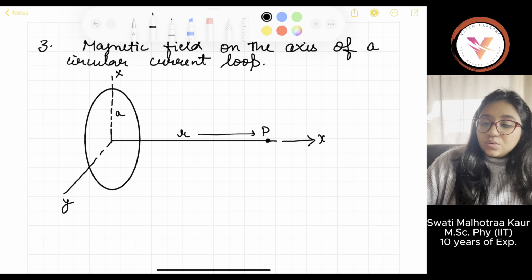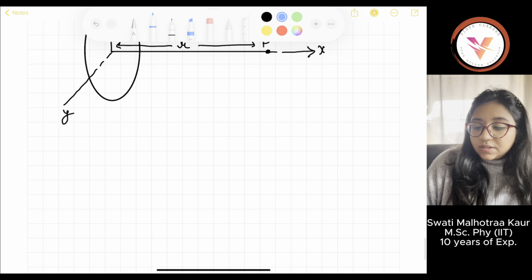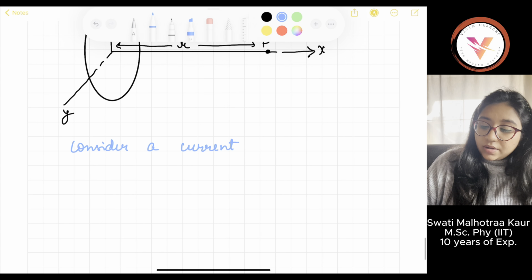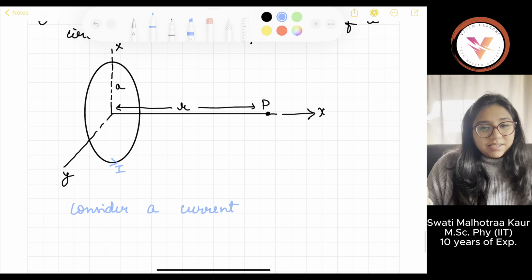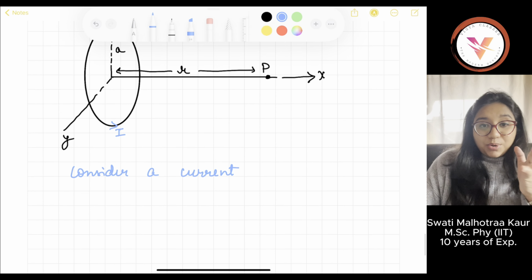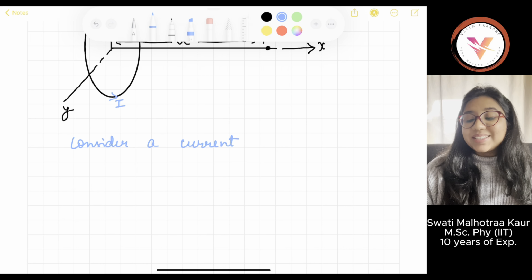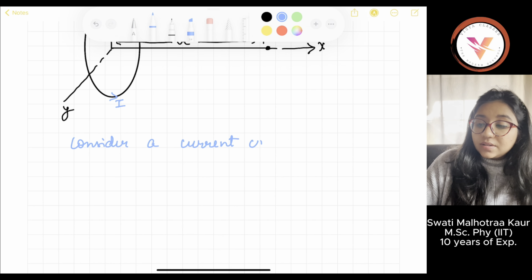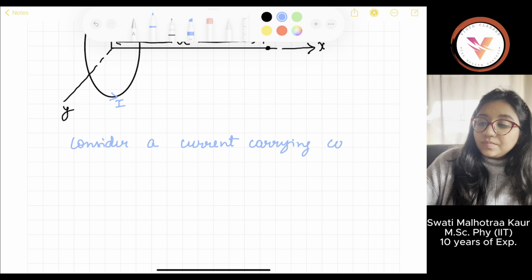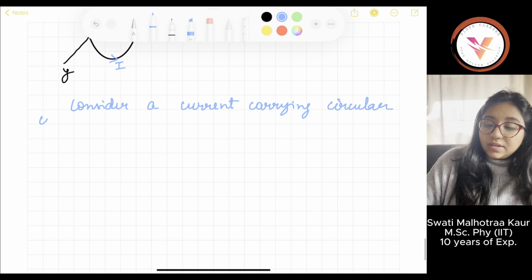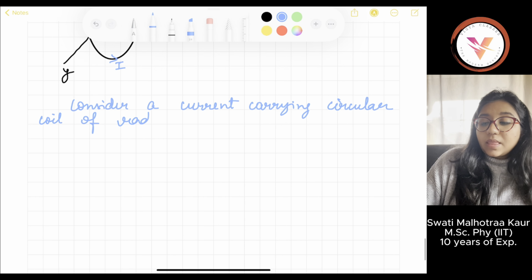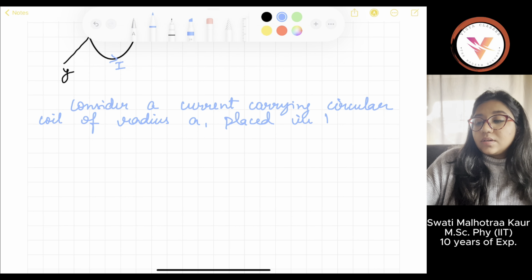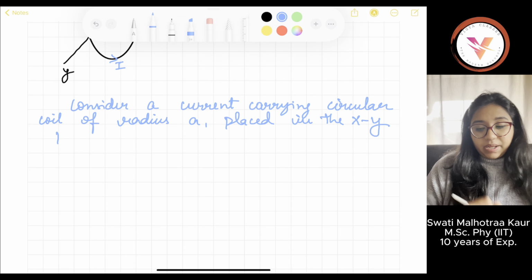So consider a current carrying circular coil of radius a placed in the xy plane, with the current flowing anti-clockwise.